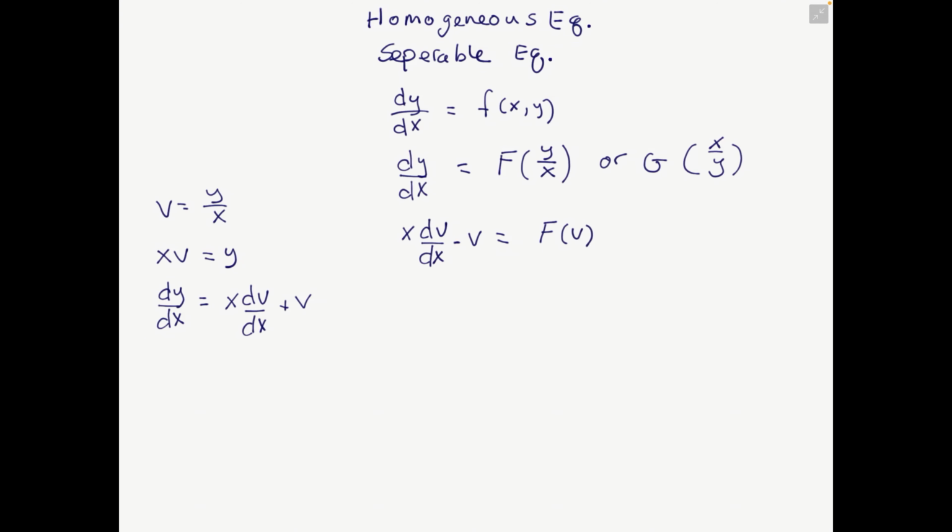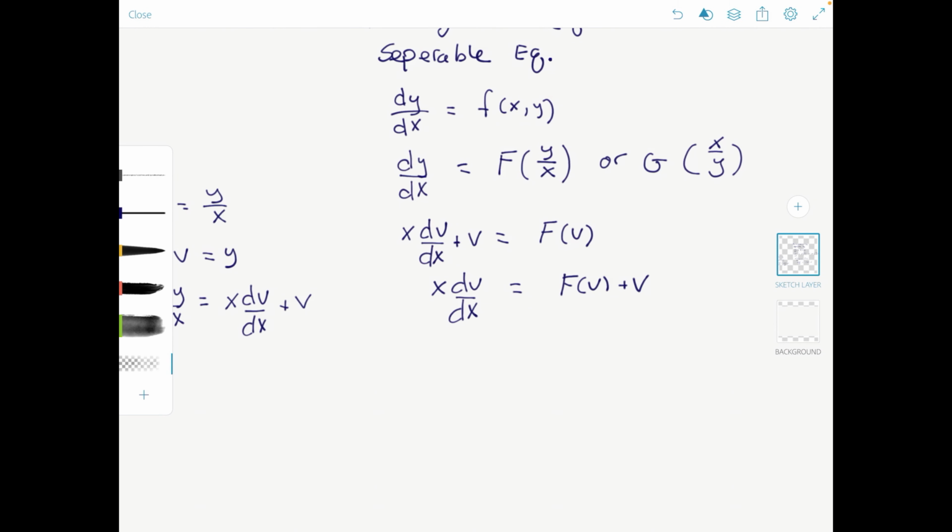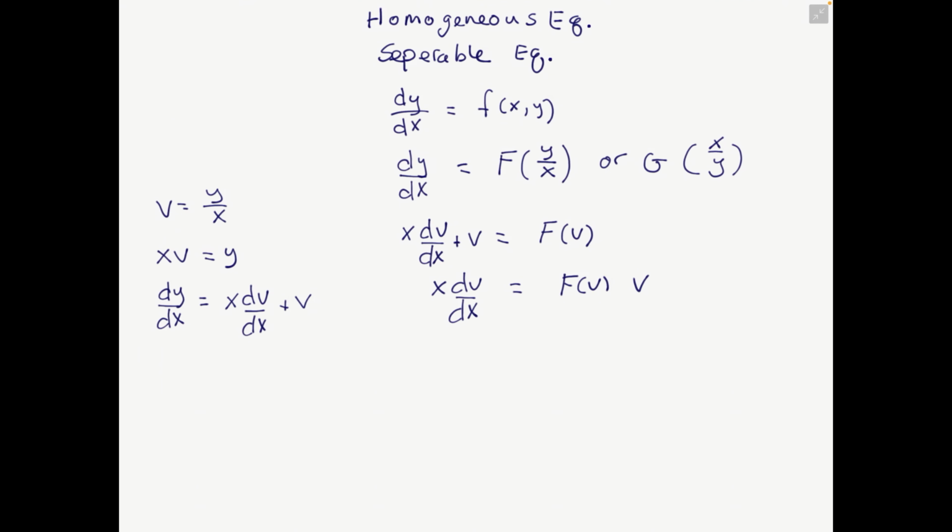And doing a little algebra, we have x dv dx is equal to f of v plus v. I'm sorry, this is minus, got to get the signs right, minus v.